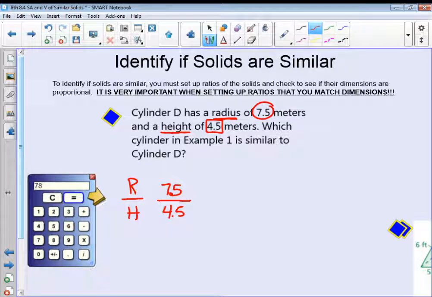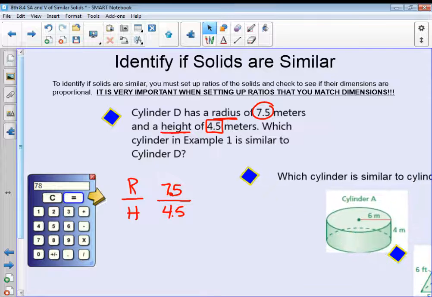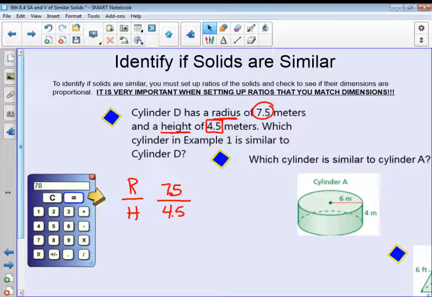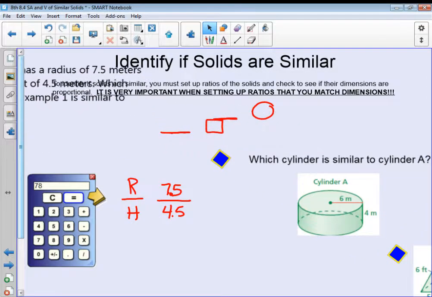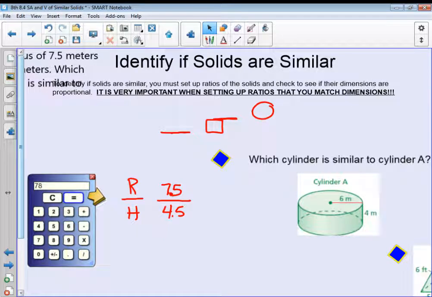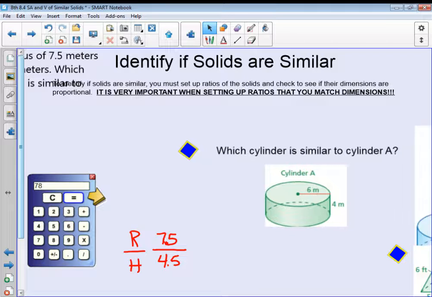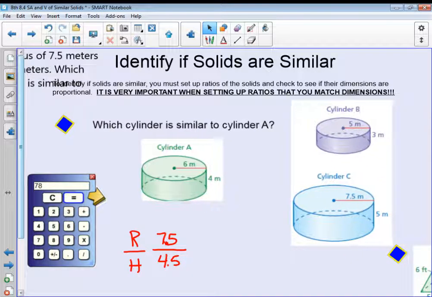It says which cylinder in example 1 is similar to cylinder D. So I'm going to have to pull that back out because I need my information. I'm going to move this a little bit here because I already have what I need out of that. Shift this down. I'm going to pull this back out. So we have to find which one is proportional to that. So I'm going to first check 6 and 4. 6 was my radius, my height was 4.